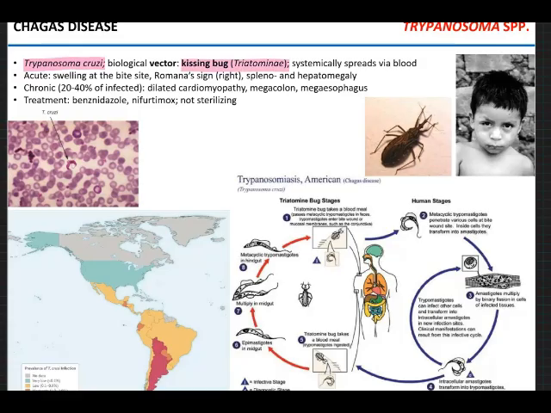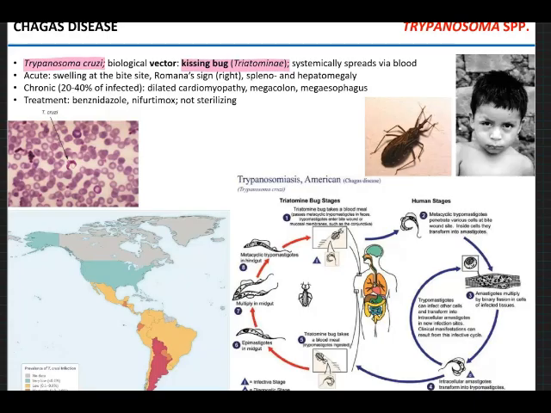So the kissing bug, from I think the family Triatominae, another term for it is reduviid bug, lives in the thatched roofs of rural houses, not the proper ceiling, but hay and leaves and sticks and stuff.